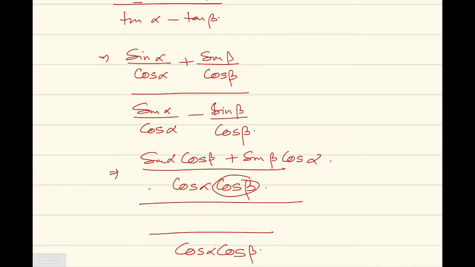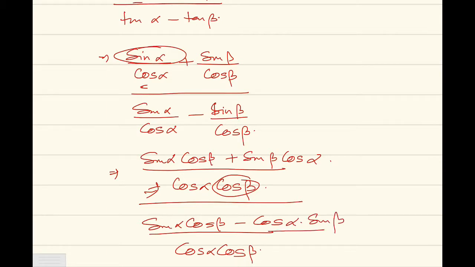When I divide the LCM, cos alpha cos beta, by cos alpha, cos beta is the remainder, and then cos beta moves up and multiplies with sine alpha. Same thing goes to the other side. So here I have sine alpha along with cos beta minus cos alpha along with sine beta. That can be done because cos and cos get cancelled, and cos beta moves up and goes with sine alpha.